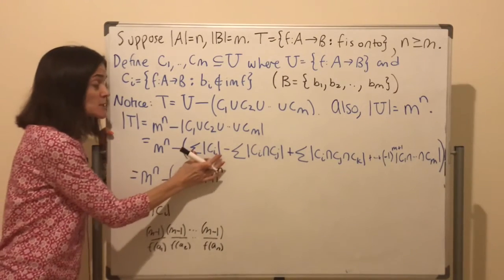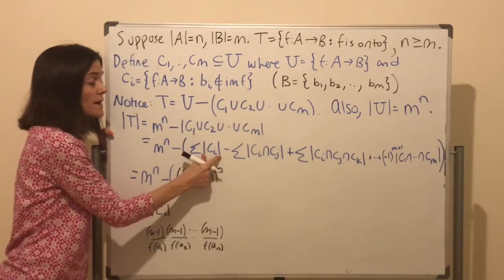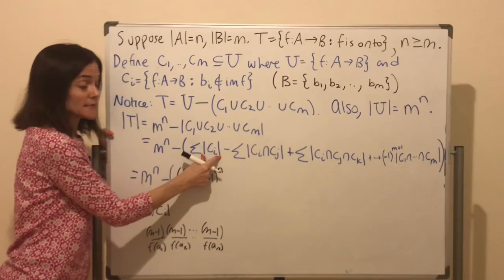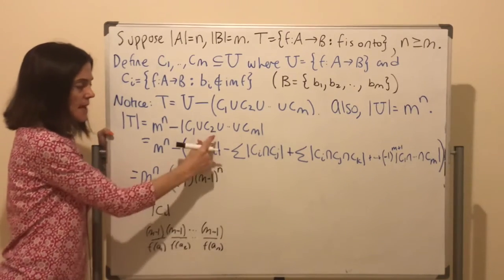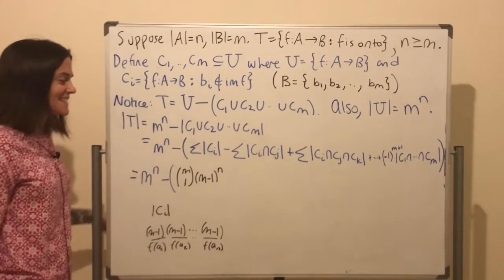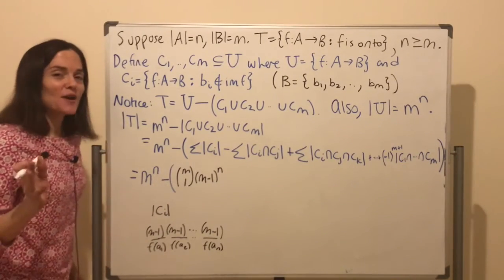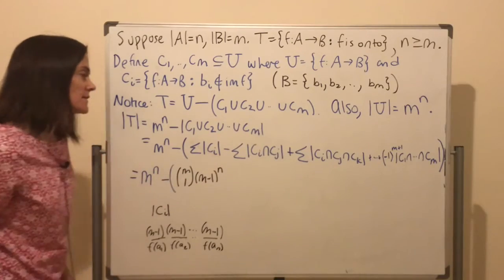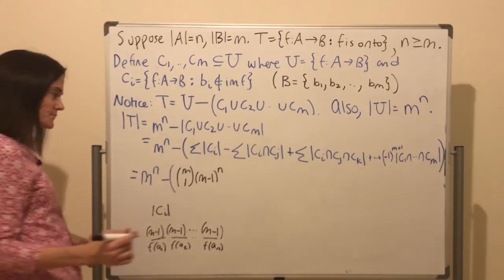So this is this quantity because every single one of these terms is the same number, m minus 1 to the n, and there are m choose 1 many terms. This argument will be similar for each, well, until we get to the end.